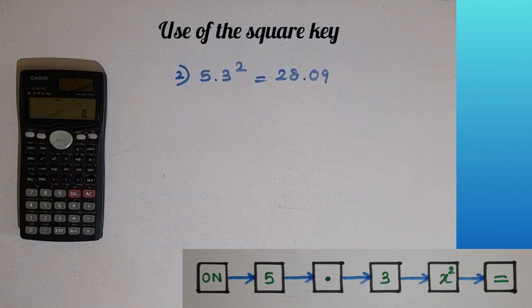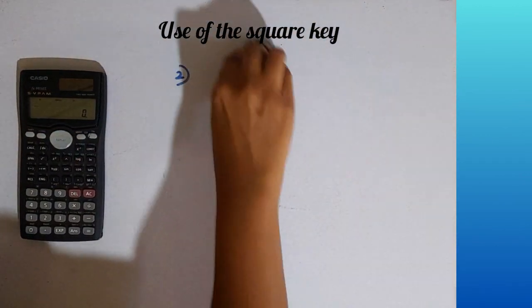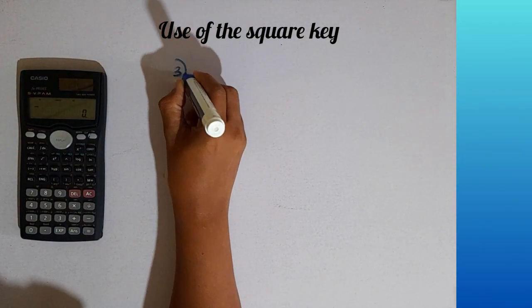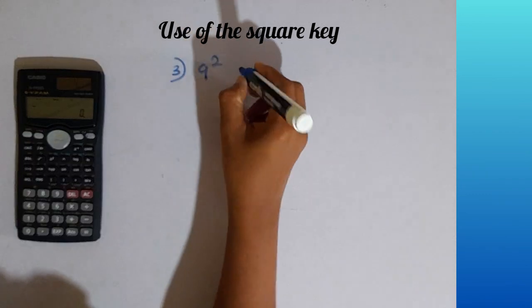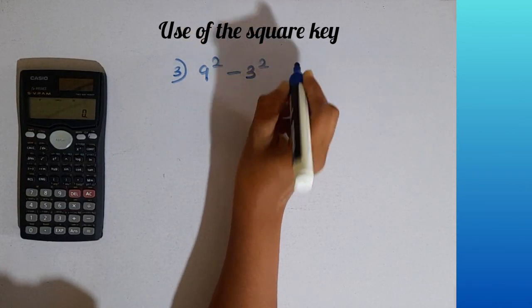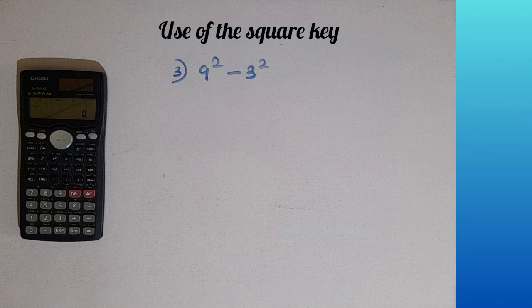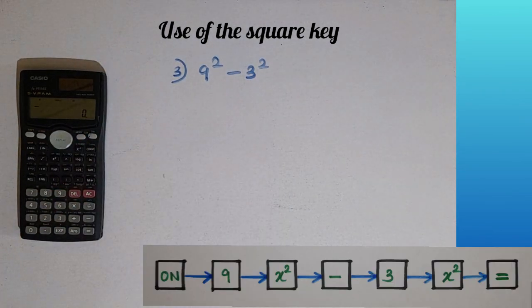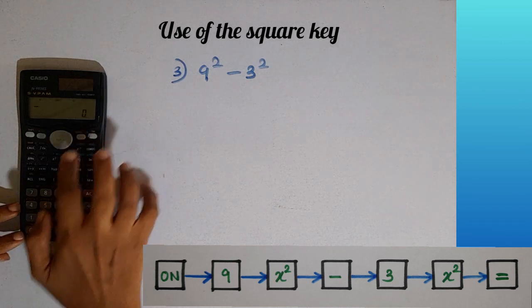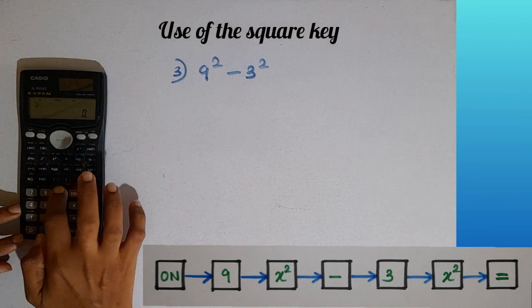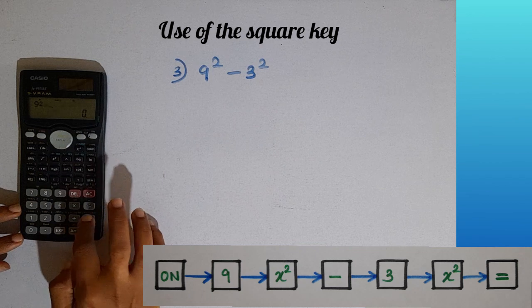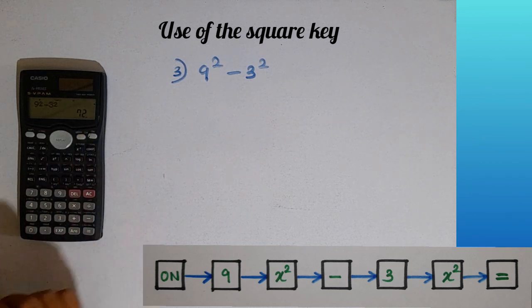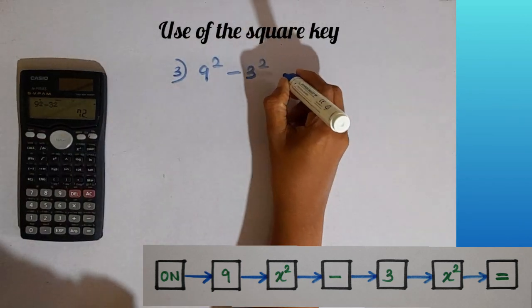Then the third one: 9 squared minus 3 squared. This is the flow chart. On key, then 9 squared minus 3 squared, then equal. 72 is the answer.